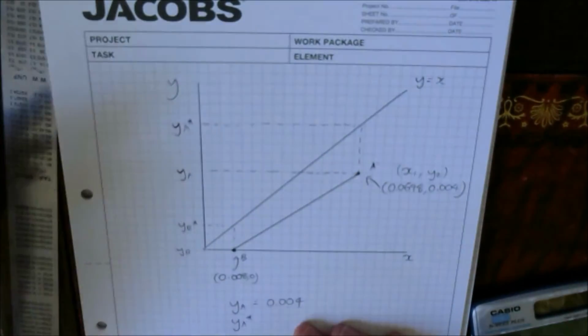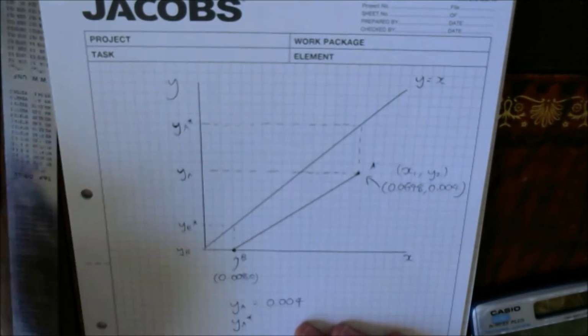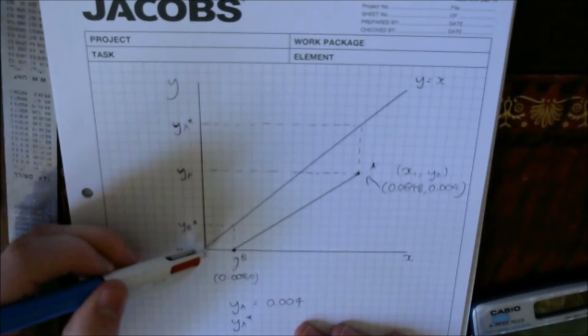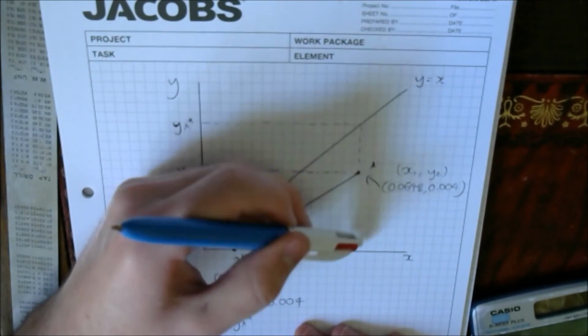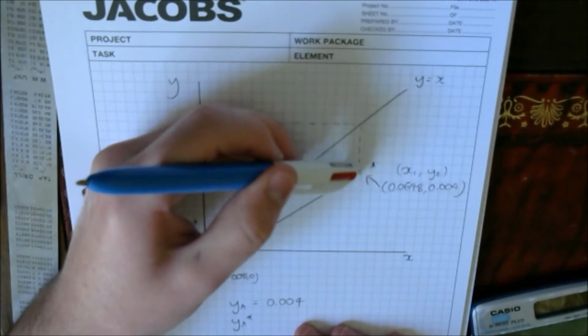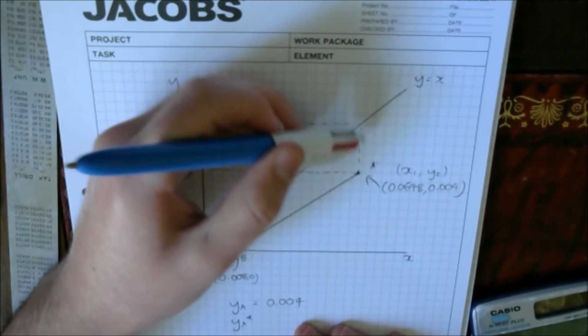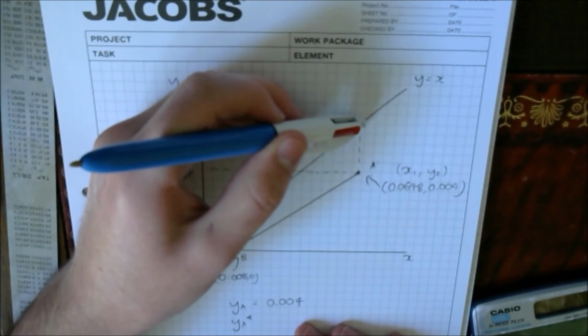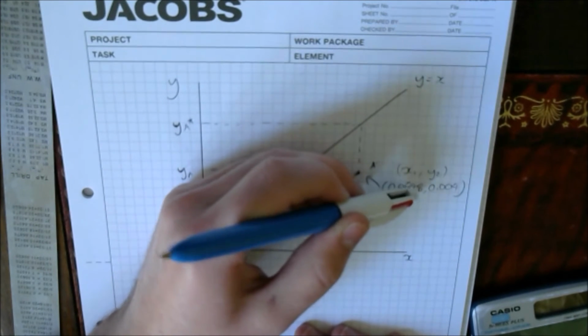Now we could physically measure it and graph it out, however, you'll notice that because this is a y equals x line, and all we're doing is drawing a line up at a constant x value, by the time we get to this point here, our x and y coordinates are going to be the same. So our x coordinate of this point is 0.0648.